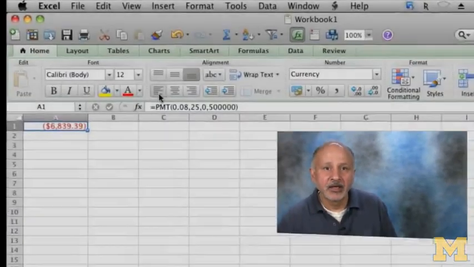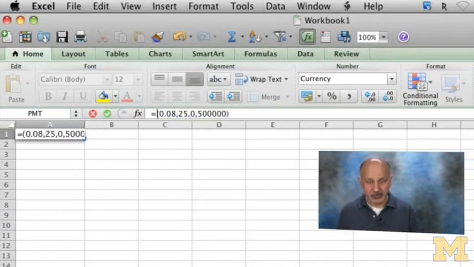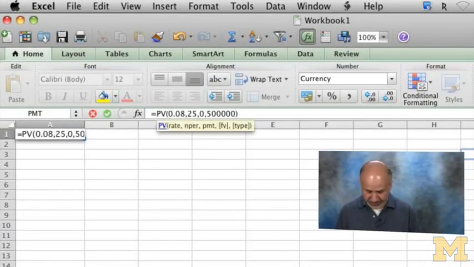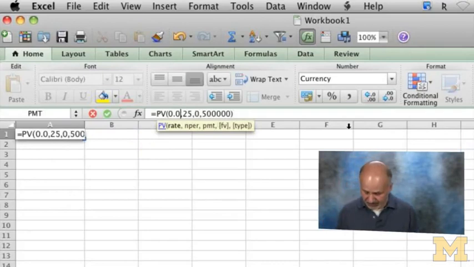Okay? So I'm going to go to Excel, and the good news is the previous problem is already there. So I do not want to do a PMT first because I already know PMT, but I want to do now what? PV, right? Interest rate is now not 8%, but it's 5%.